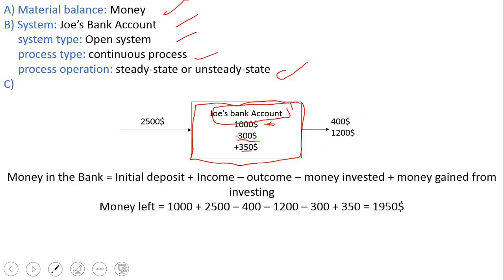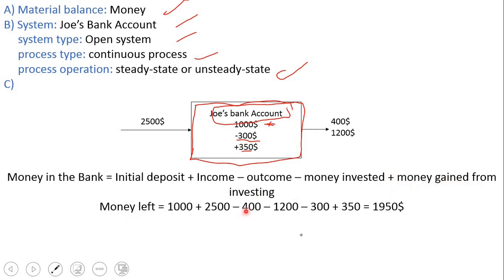So if we want to solve it, the money in the bank equals the initial deposit, because it's positive, plus the income, because it's coming to Joe's account, minus the outcome, because it's getting out of Joe's account, minus the money invested, because the bank withdrew it from Joe, plus the money gained because it's given to Joe.